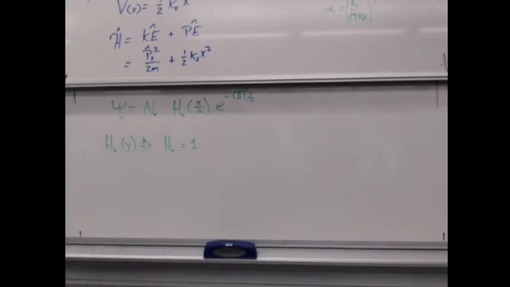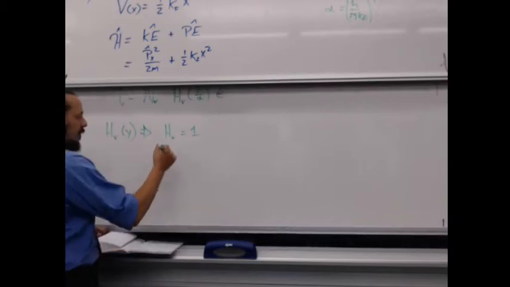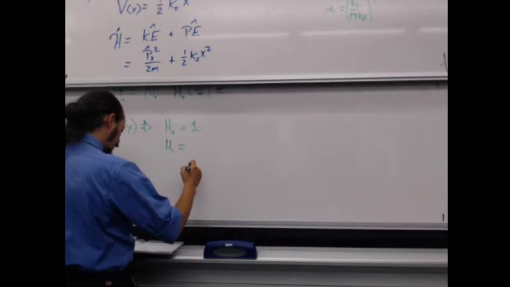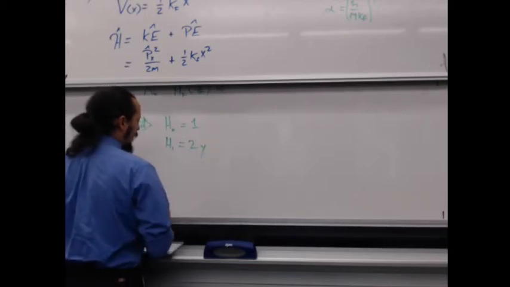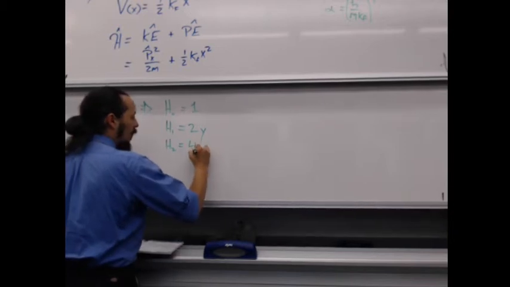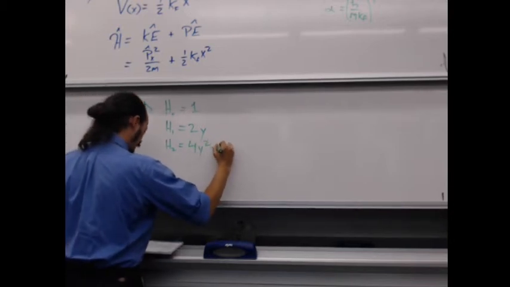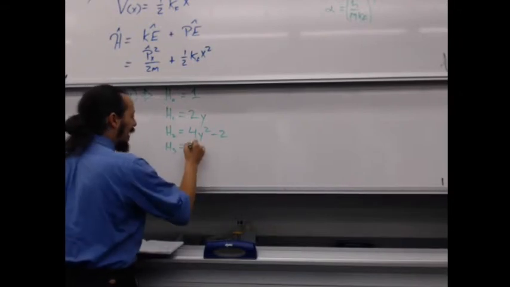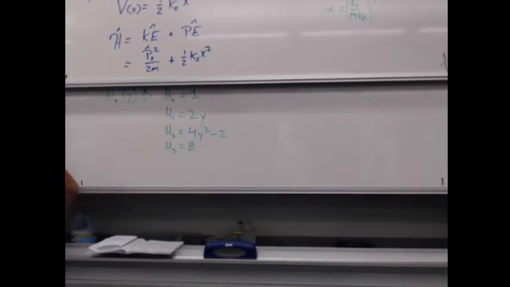So using some generic variable y to talk about this, your H0 case would just be equal to 1. Your H1 case would be equal to 2y. Your H2 case would be equal to 4y squared minus 2. Your H3 case would be equal to, and you don't need to, you can just pull out your equation sheets.